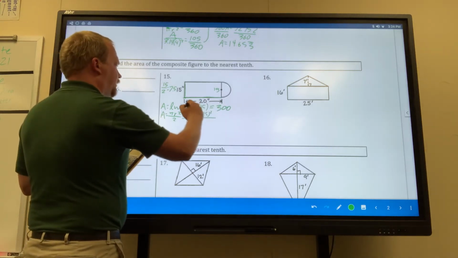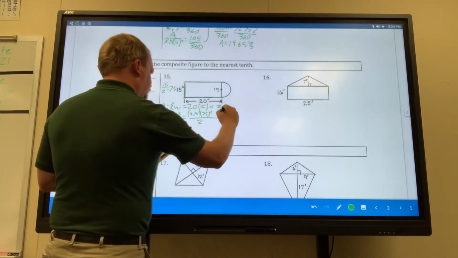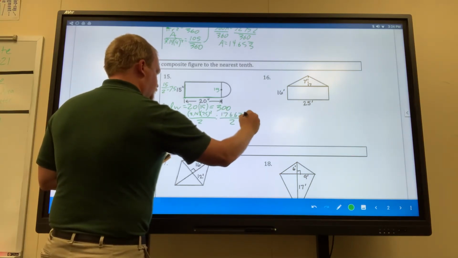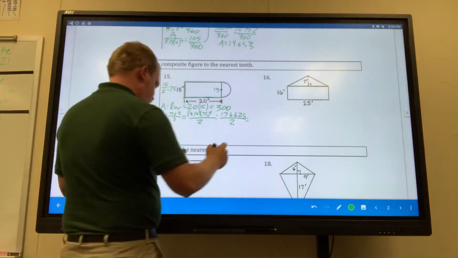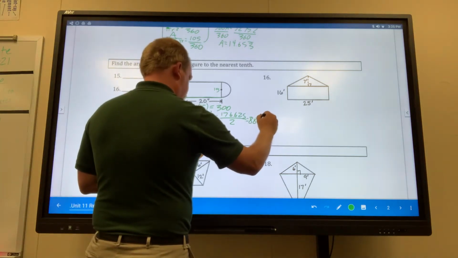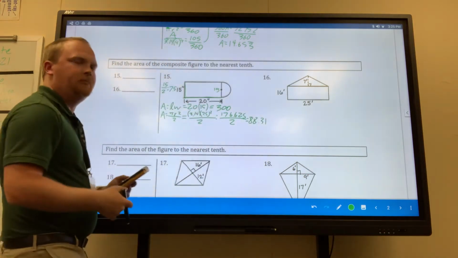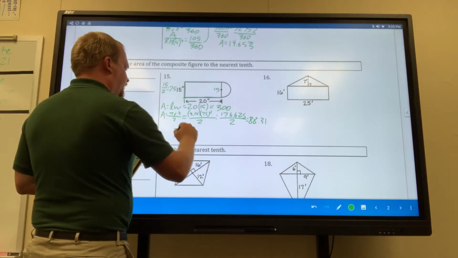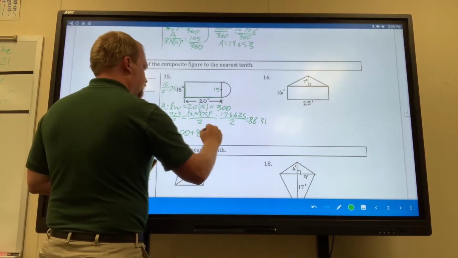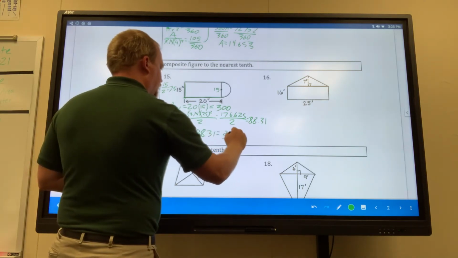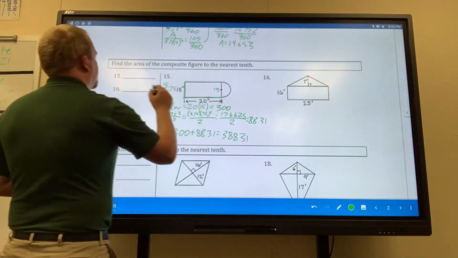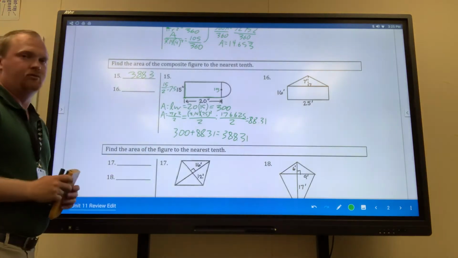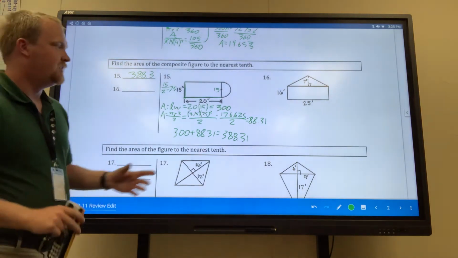If I multiply all this out, I get 176.625 over 2, which is 88.31, and I'm just going to round it to 2 decimal places. Then all I gotta do is add them up together. So 388.31, which I'm going to say 388.3, since I wouldn't be able to round up.